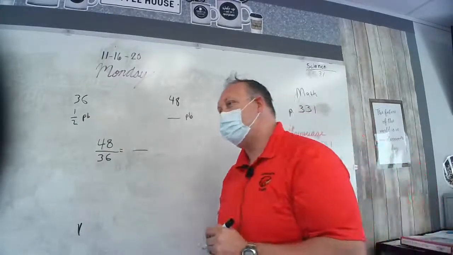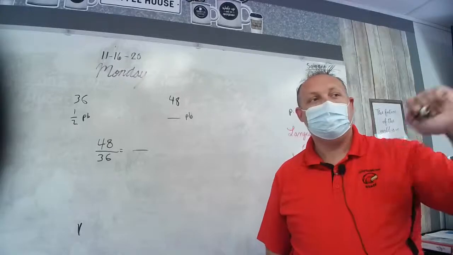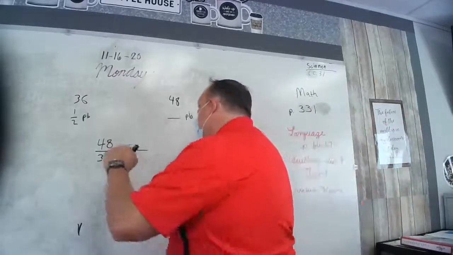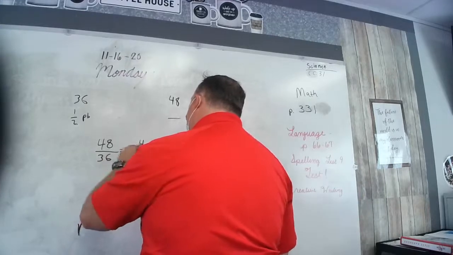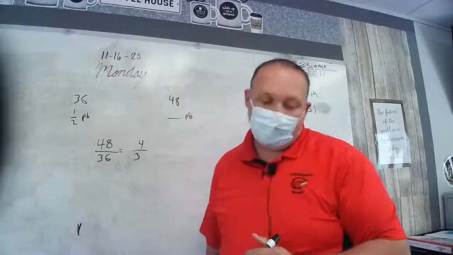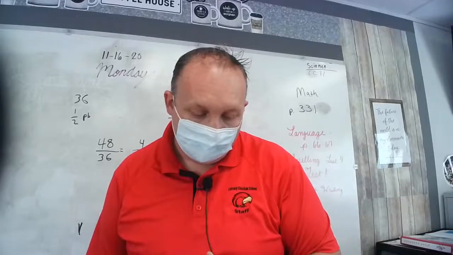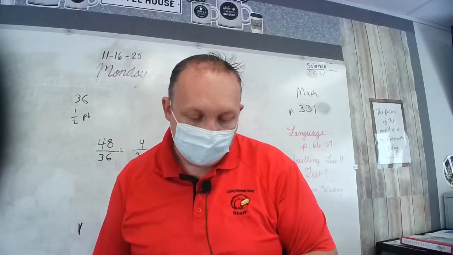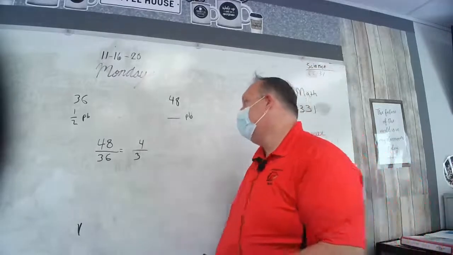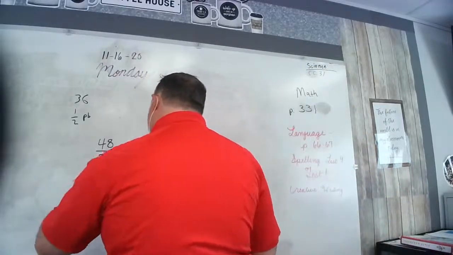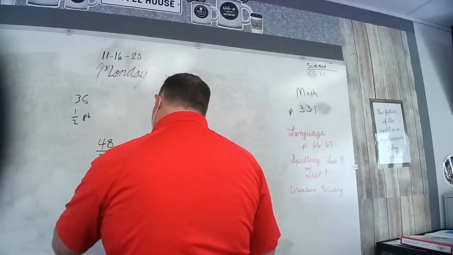Tristan? 12. 48 divided by 12 is 4. 36 divided by 12 is 3. Now that we have our conversion, we can multiply 1/2 times our conversion.